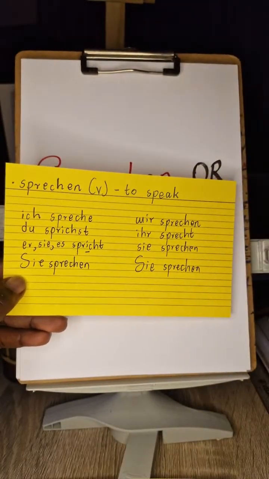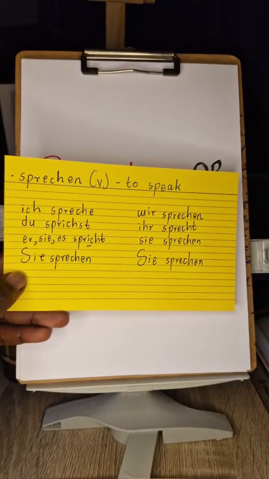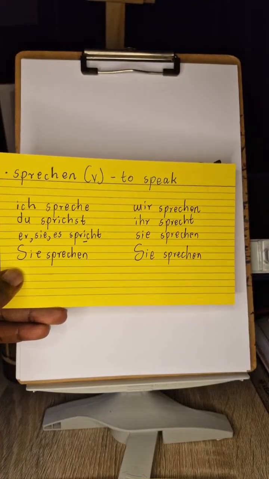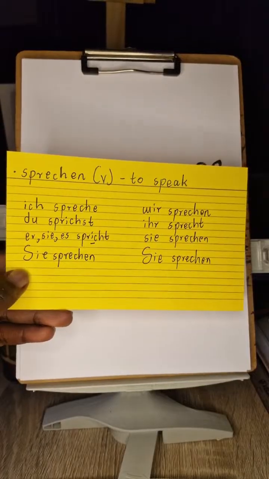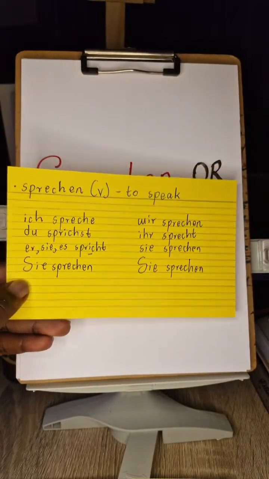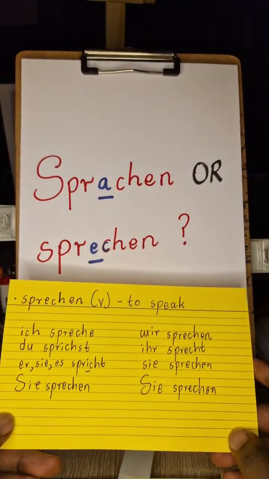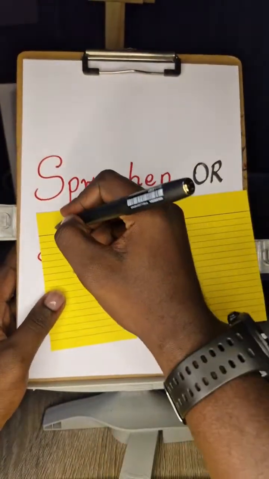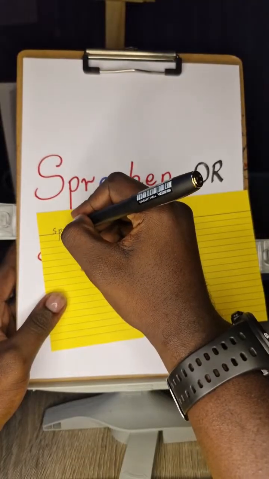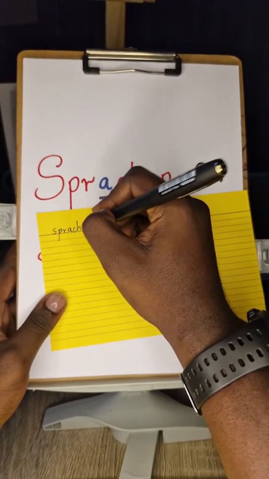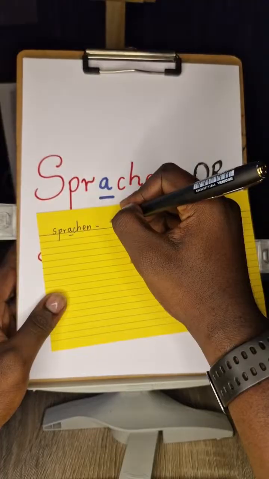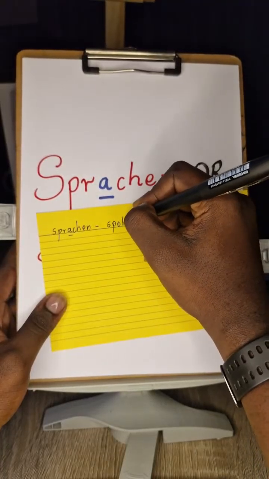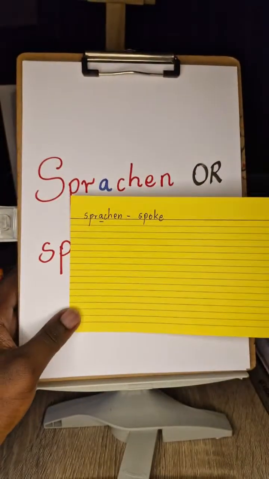Now, how about in the past? How does sprechen become in the past? Remember we began by saying that it's among the irregular verbs, right? So in the past, it will change from sprechen and now becomes sprach. This now means spoke. Sprach, spoke. All right, so I spoke.